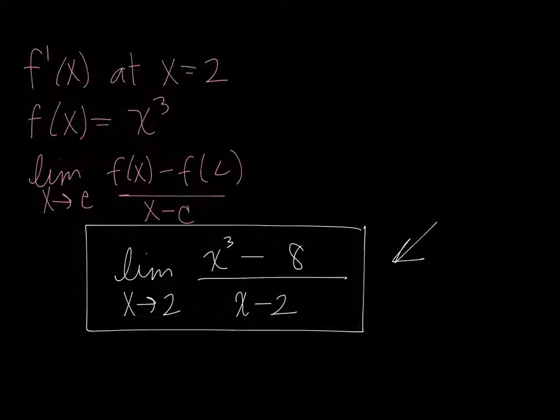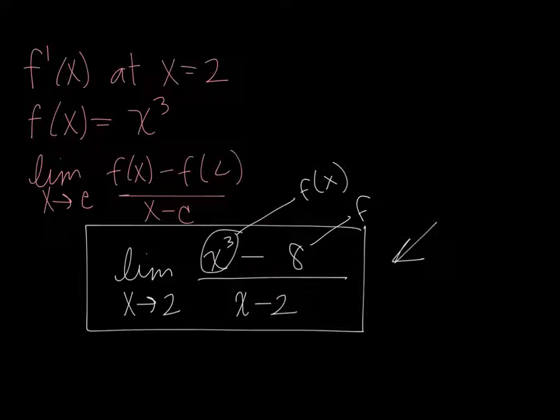And that would be the question. So if I gave you this question, the limit as x approaches 2 of x to the third minus 8 all over x minus 2, you can find your function. There's f of x. And this is a limit as x approaches 2 of f of x. Here is f of 2. And down here is x minus 2.